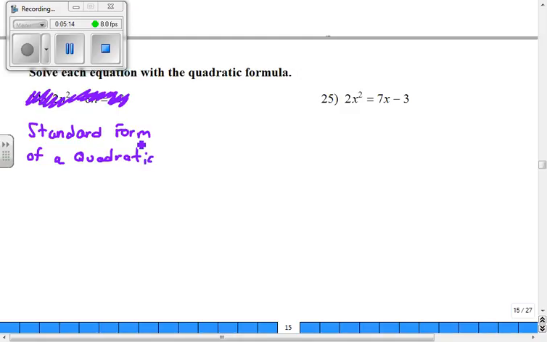The standard form of a quadratic is ax squared plus bx plus c equals 0.